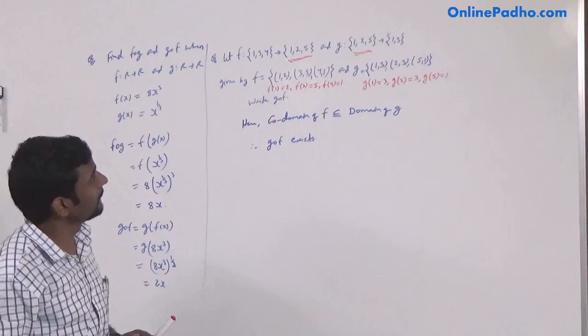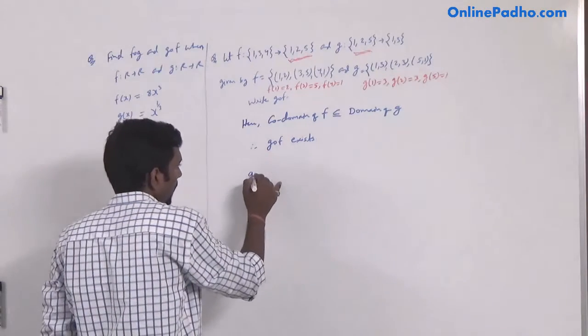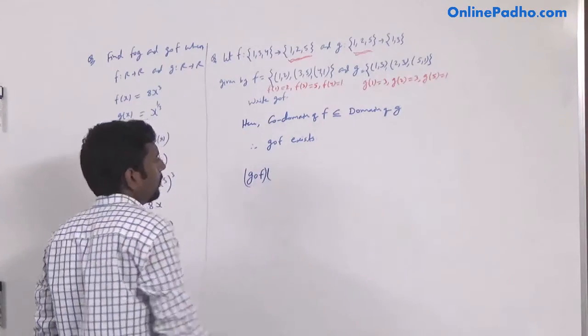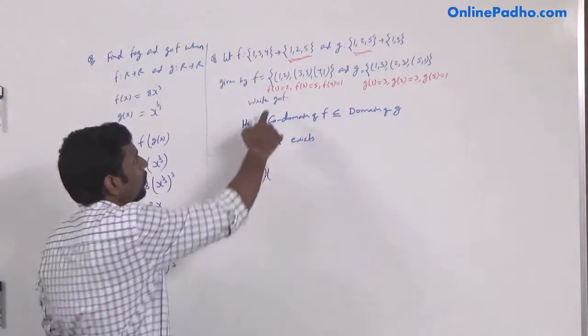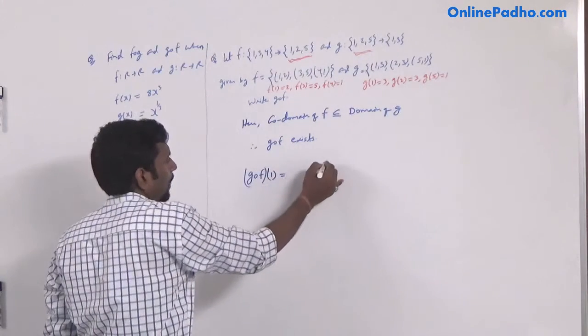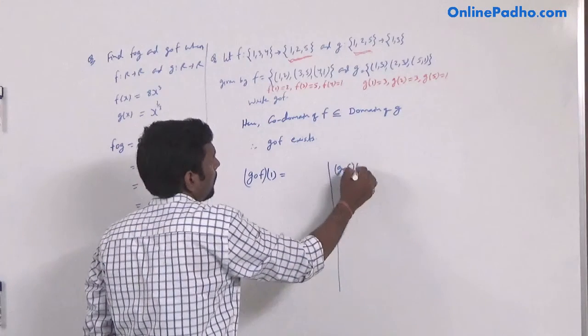We have to find GOF for each and every element: 1, 3 as well as 4.